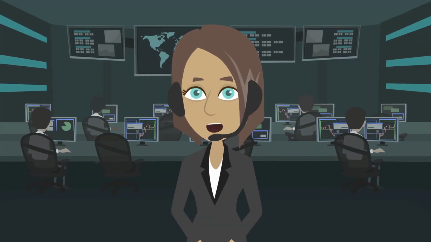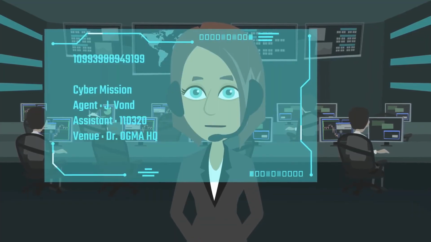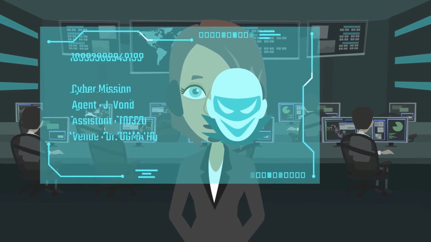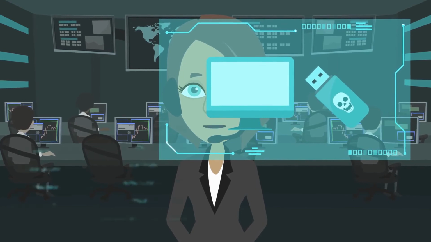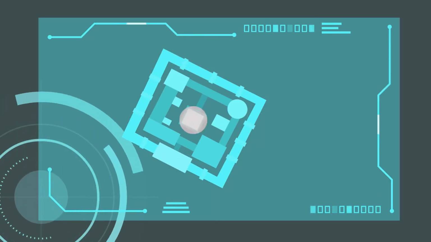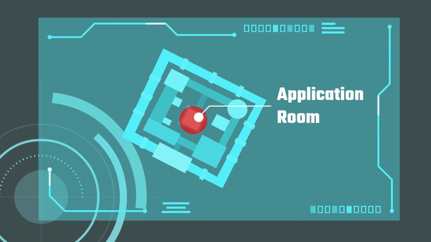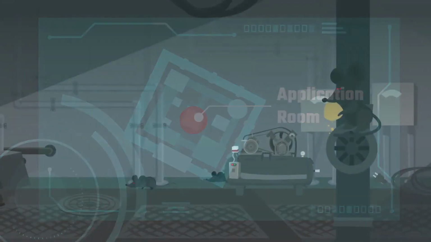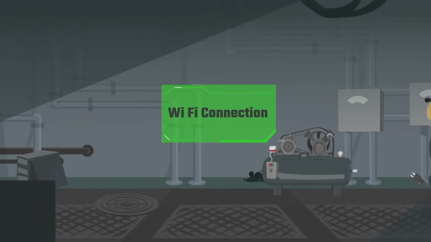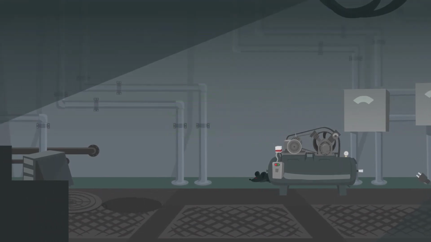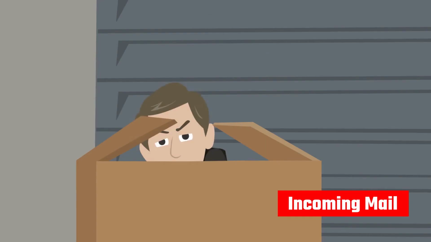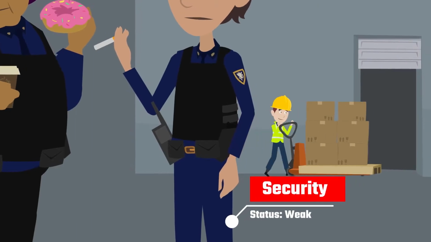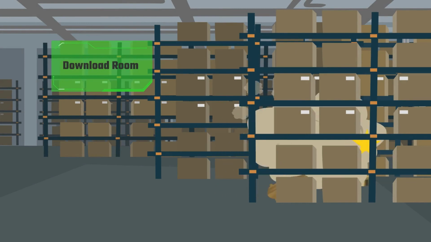Good evening, Agent. Your mission is to take down the evil Dr. Ogma. Here's the rundown on tonight's cyber attack at Ogma HQ. It's simple. Gain access, spread the computer virus, destroy the data. Your destination is the application room located at the core of the building. There is only one way in. First, climb through the Wi-Fi tunnel to the entry portal. Hide yourself in the incoming mail. There may be security guards on duty, but they seldom check. Once you're in the storeroom, wait until the right moment to attack.